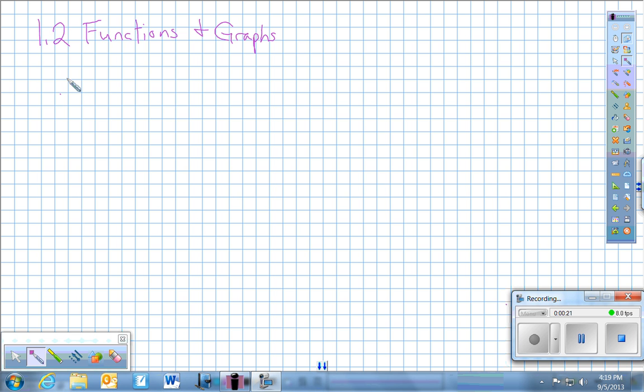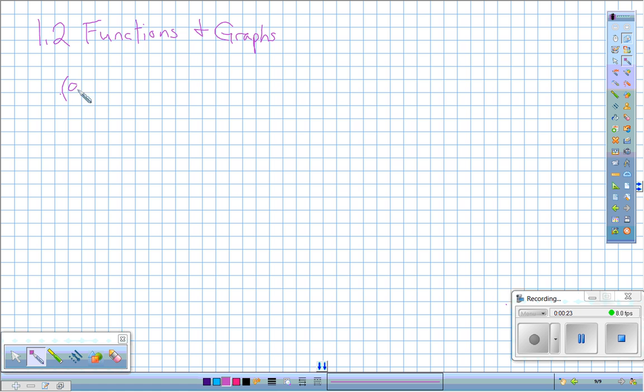So if I have, for example, if my data set is (9, -5), (9, 5), and (2, 4), I would go ahead and make a table.